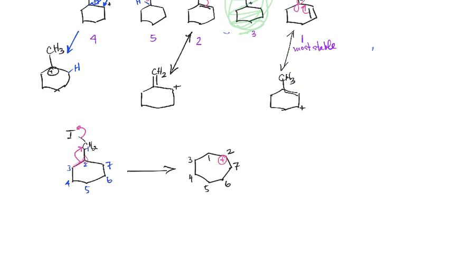So that is a ring expansion, and it allows us to have a more stable secondary carbocation if there was a primary one that might have formed. So we'll go right into this secondary one. So that is how you could get a ring expansion.